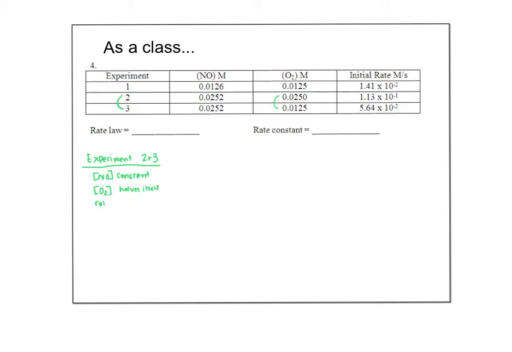What does the rate do? I would have to plug this in my calculator, so I'm going to take this, because for the O2, I took this one divided by this one, and it cut itself in half. Other way around. This one by this one, right? Either way, I saw it got itself smaller, right? This divided by this. Let's do the same. This divided by this, and I should see that it also halves itself.